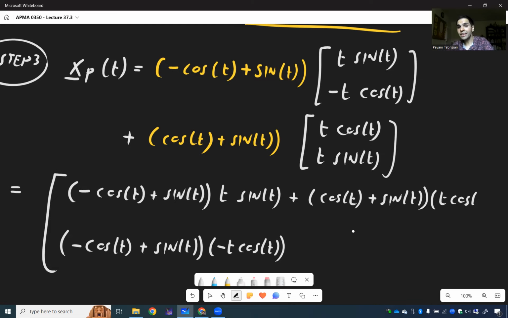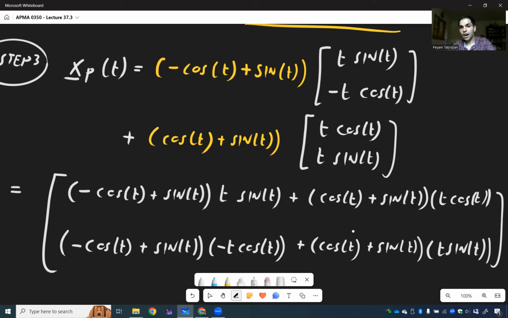Again, bear with me. I know it looks like your worst nightmare, but it'll end up becoming your most beautiful dream. So cosine t plus sine t times t sine t. All right, and let's see what we get.